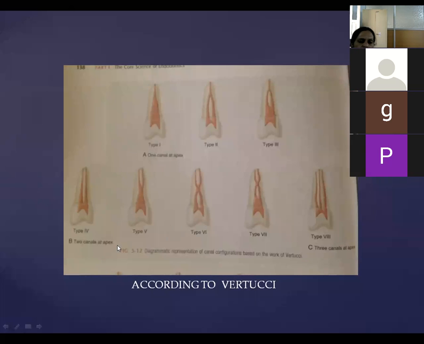Type 5 is a single canal while leaving the pulp chamber and it bifurcates into two in the apical one third. Type 6 is two canals while leaving the pulp chamber, they join in the center and again bifurcate into two.